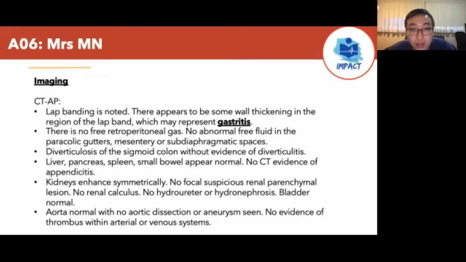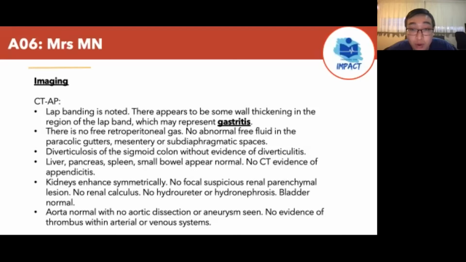There's no free retroperitoneal gas, so we're not concerned about perforation. Incidental finding of diverticulosis, but a lot of people have diverticulosis. It's just the presence of these outpouchings of the sigmoid colon, but it's not infected. And diverticulitis doesn't really present with upper abdominal pain anyway.